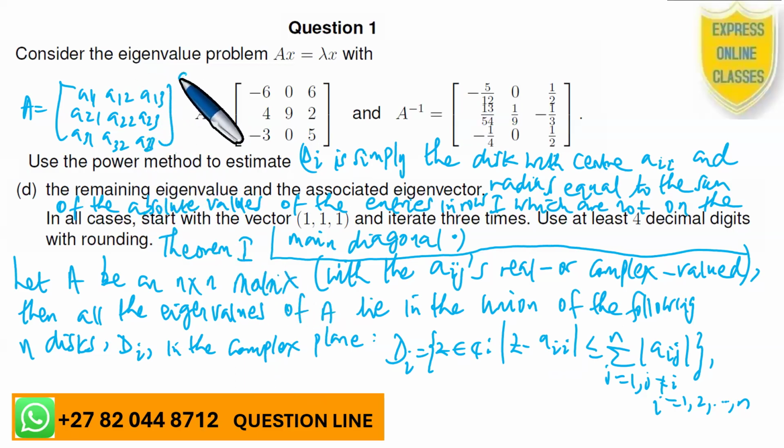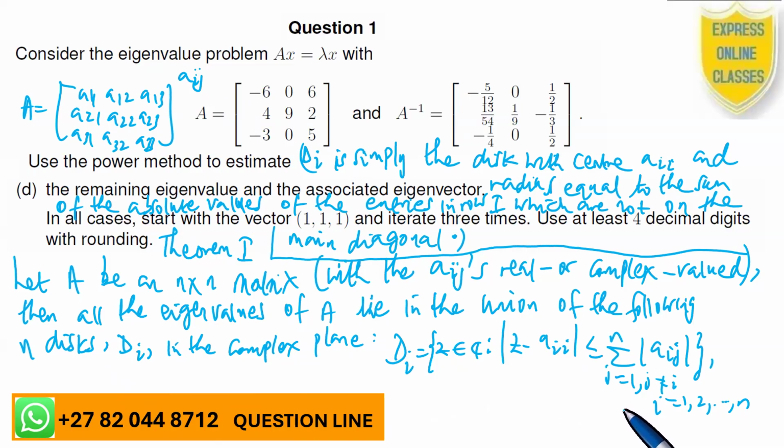Those are the entries, and we call them the aij entries. Then all the eigenvalues of A lie in the union of the following n disks D_i in the complex plane. And D_i is exactly these.